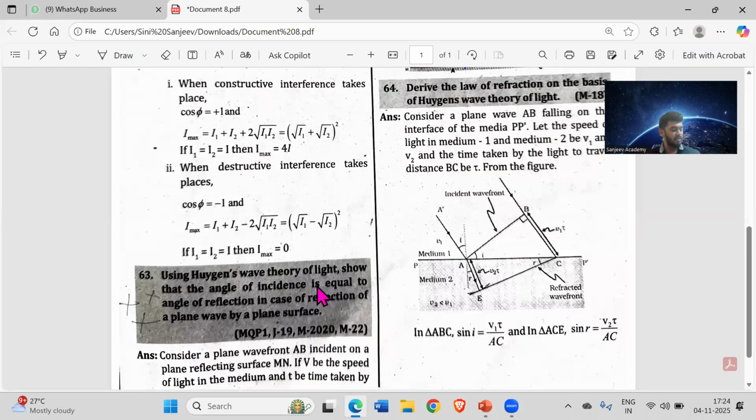Now let me see whether the full document has come. Yeah, because the one which I have has only one page.